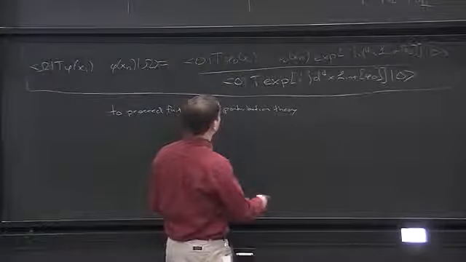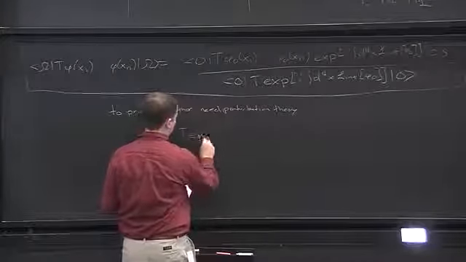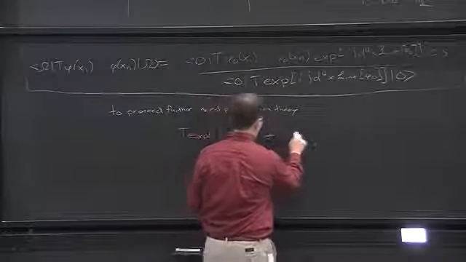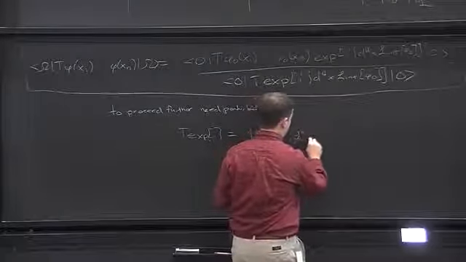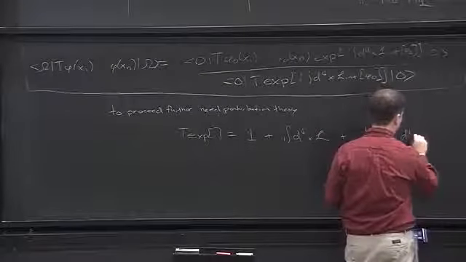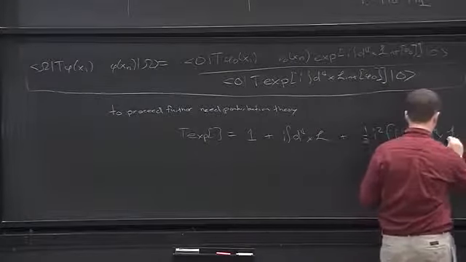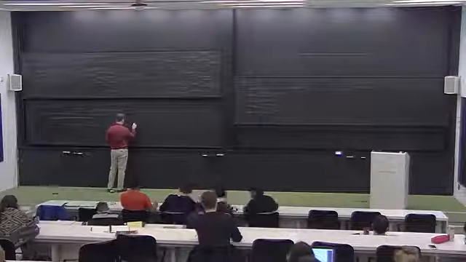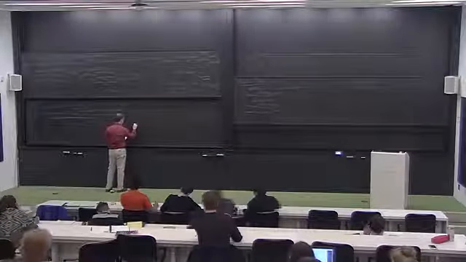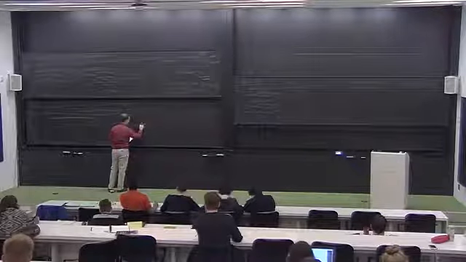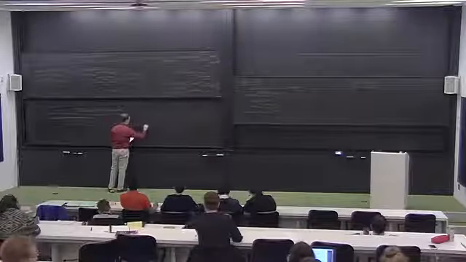If we expand our exponential, the terms we're going to get are going to look like 1 plus some integral of the Lagrangian plus i squared over 2 times a multiple integral of the Lagrangian, and so on.